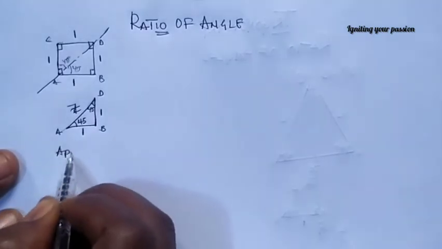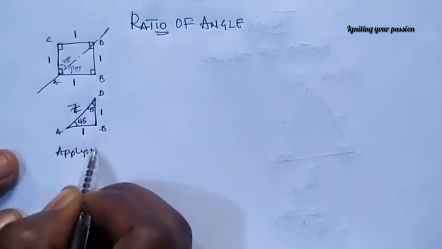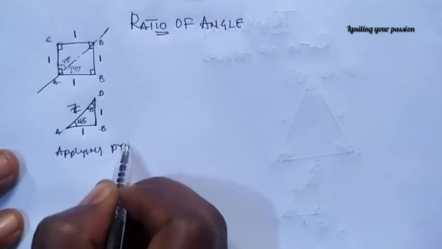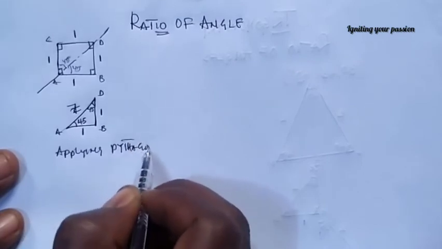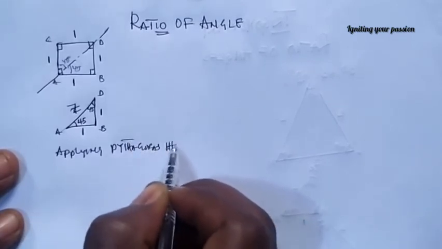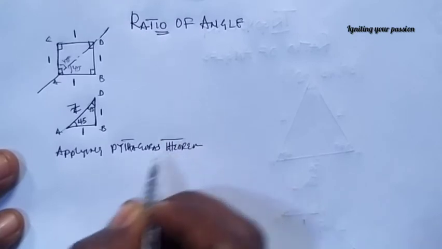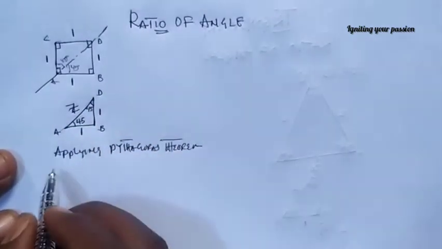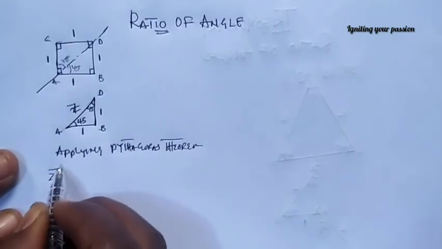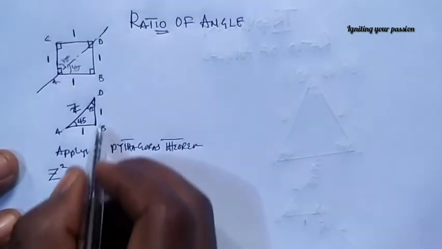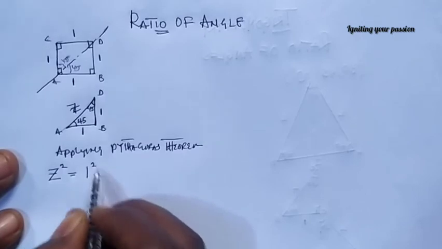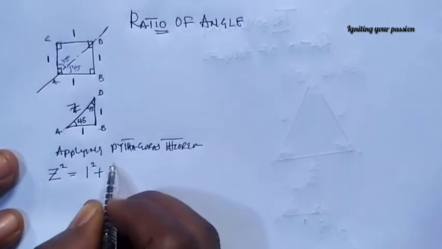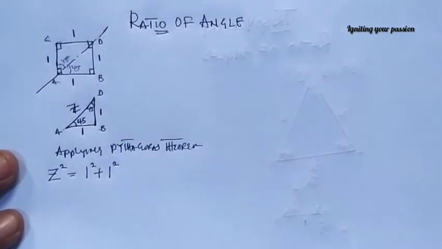So applying Pythagoras Theorem, we'll be having, like I said earlier, the longest side square is equal to what? The opposite square plus the adjacent square, or the adjacent square plus the opposite square.